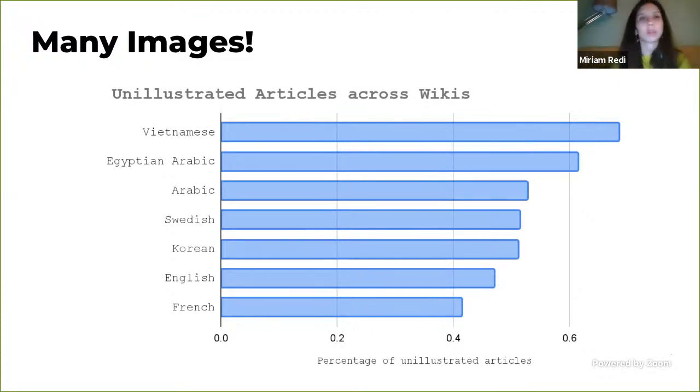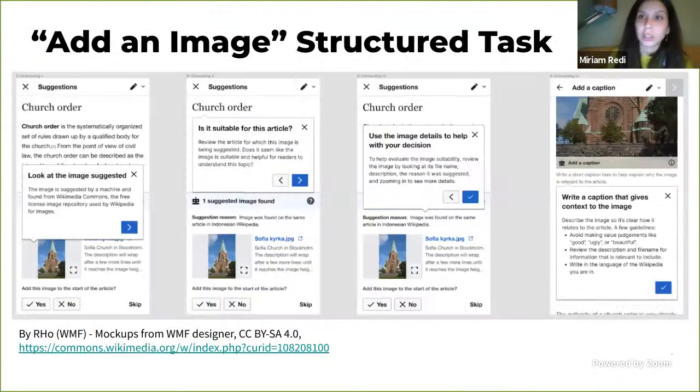And while community initiatives are doing an amazing job in trying to bridge these visual knowledge gaps, structured tasks, like the task Martin has just described, similar to add a link, could help close this gap even further. And so the growth team, as part of this annual plan, has as a goal to deploy the add an image structured task.